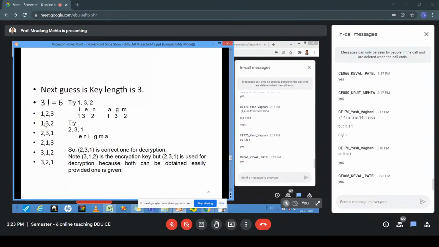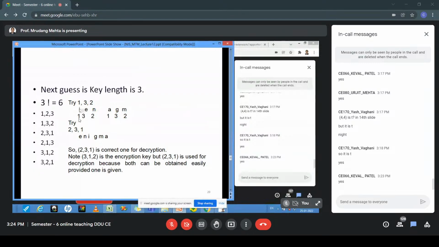So we try the second key, that is 1, 3, 2. So in IEN, the first is put into the first position, and the second and third are swapped.